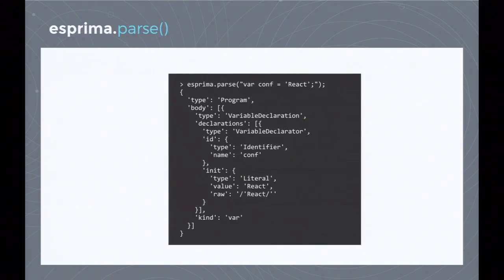Just to give you a feel for what Esprima's API looks like and the resulting output, Esprima.parse will take a string representing your code and produce that syntax tree. The program will be the top-level node, and then everything else descends down from there.